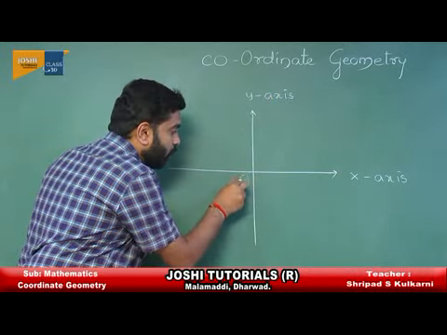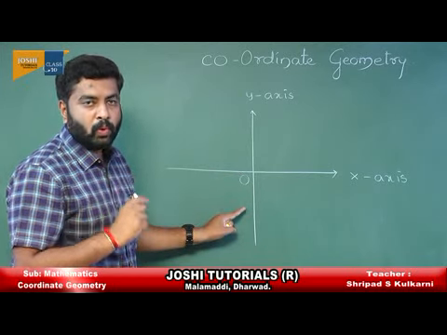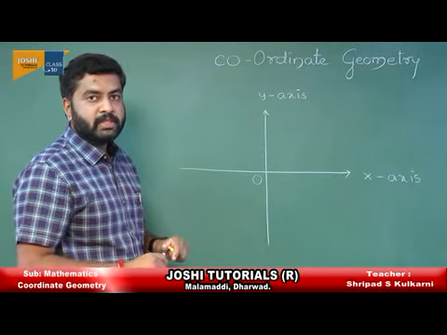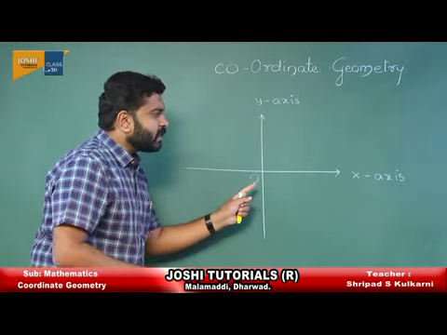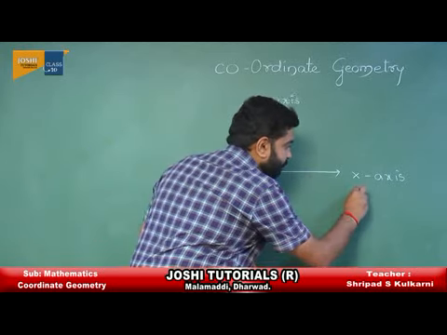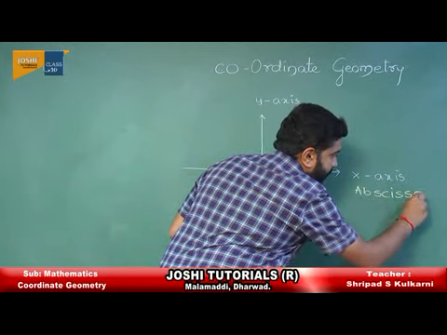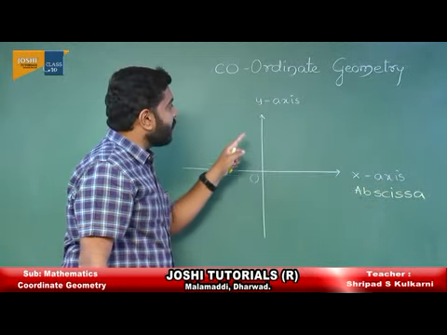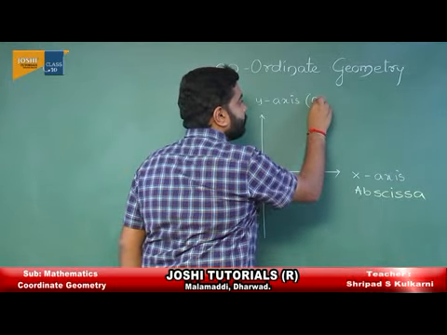That point is called origin. Origin is usually marked with the letter O. Then coordinate plane is formed. And you learned one more thing. X-axis is also called by one more name, that is abscissa. And y-axis is called by one more name, that is called ordinate.